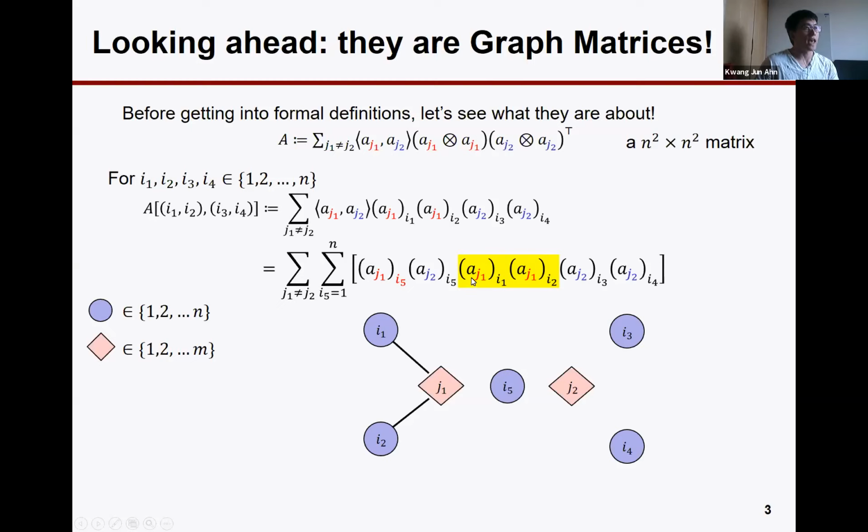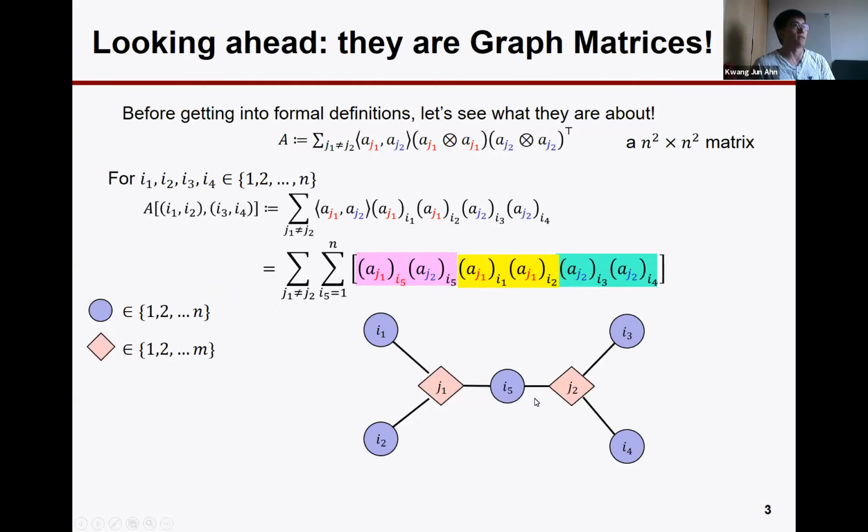For example, a_{j1,i1} is represented by the edge between i1 and j1, and a_{j1,i2}, this random variable right here, can be represented by this edge right here. Similarly, the term on the right can be represented by these two edges, and the first terms can be represented by these two edges.